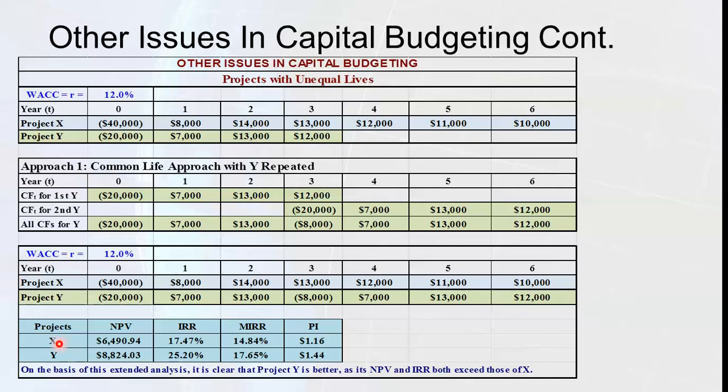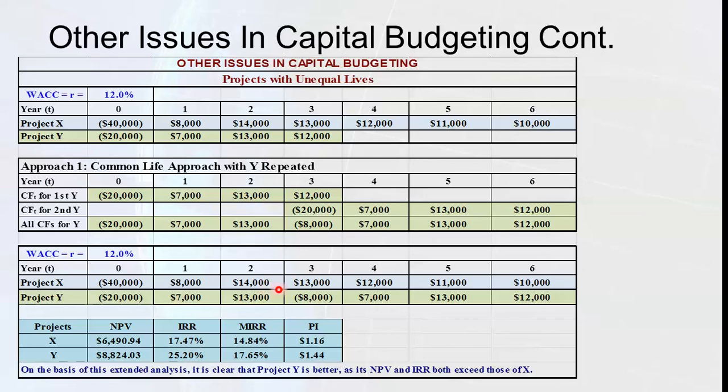Now find the NPV and IRR of these two projects. Y is superior. Find the MIRR, project Y again superior, and the profitability index, project Y is superior. Please try to find these numbers.